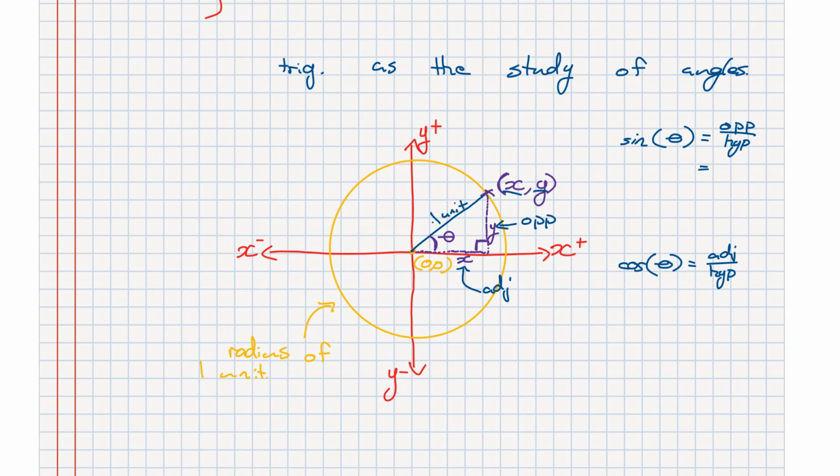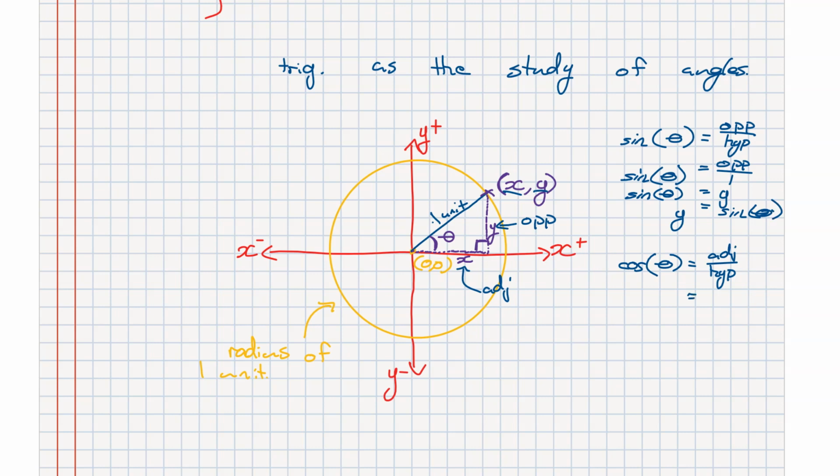Subbing everything in, notice this is a unit circle, so the hypotenuse is 1 unit in length. Therefore sine of theta equals the opposite over the unit of 1. And remember that this opposite represents the y coordinate. So sine theta equals y, or y equals sine theta.